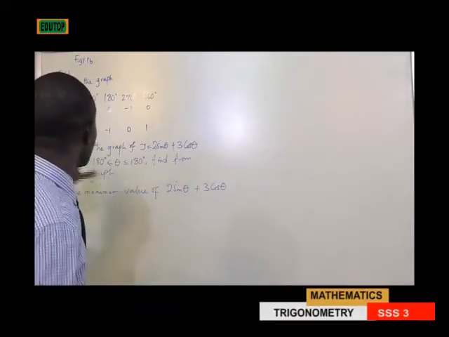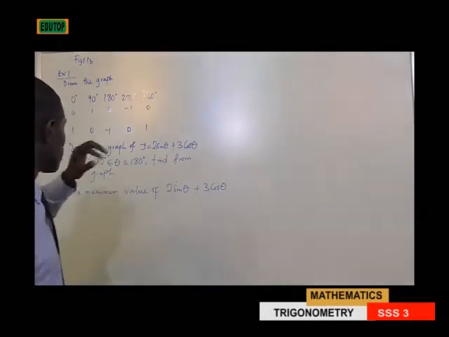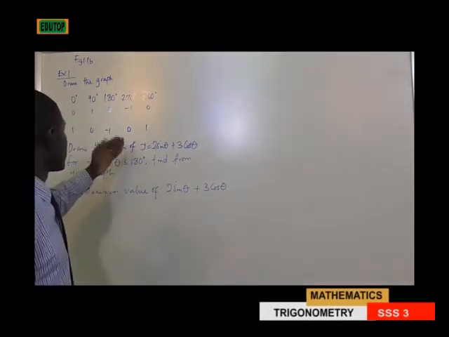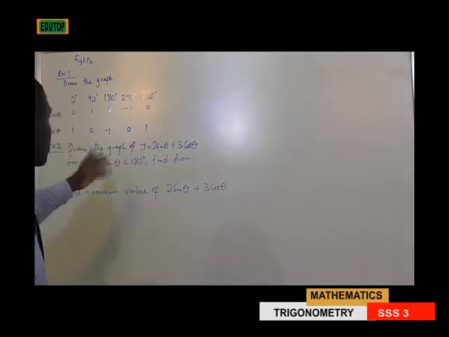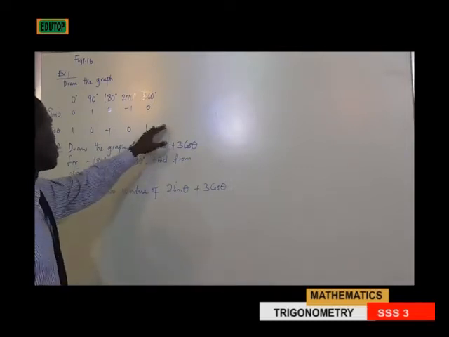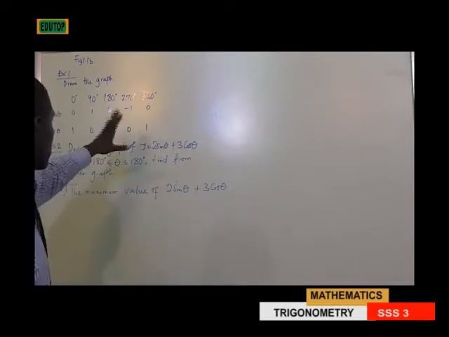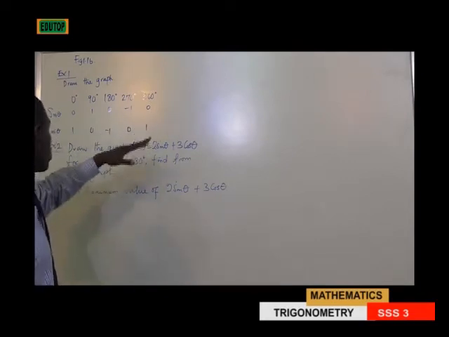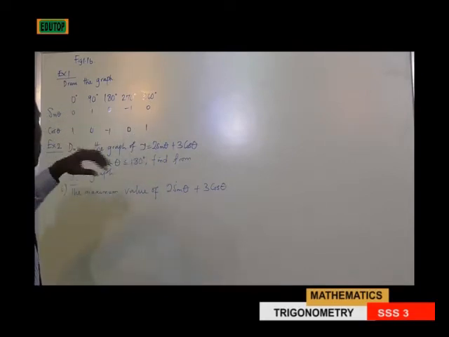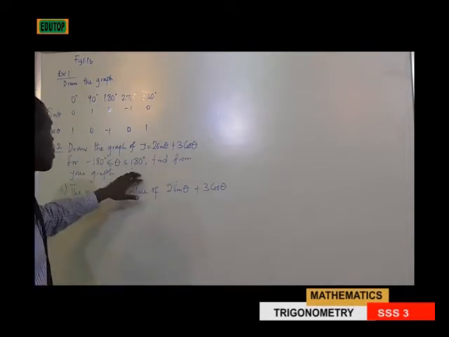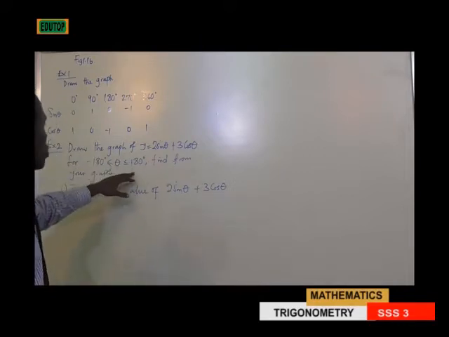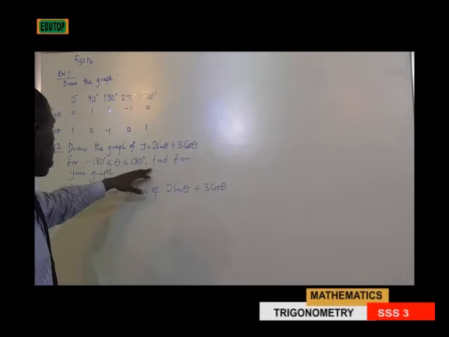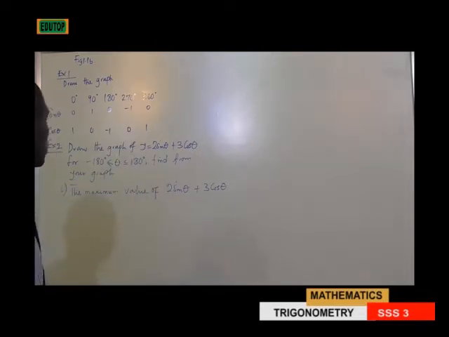Now, these are the two examples to justify the sine graph and the cosine graph. In the first situation, the values have been given to us, so we need not pass through the rigor of finding out the values. But in the second situation, we need to construct a table of values that we are going to use to plot the graph.